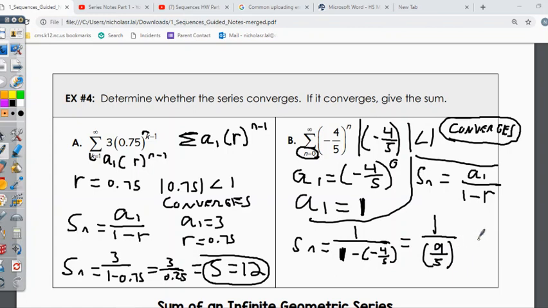And 1 over 9/5 is equal to 5/9. So this series will converge to 5/9.